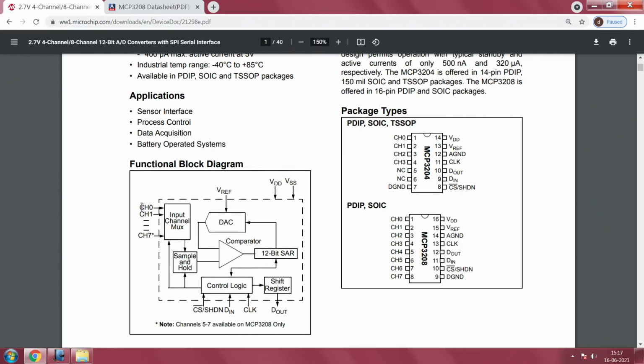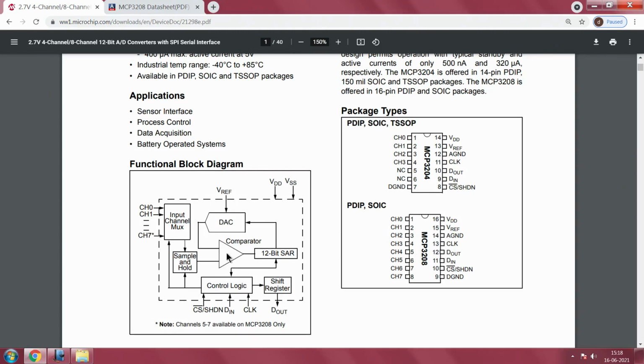So when you have an input signal coming in on channel 0, that is being fed as an input to this comparator through this sample and hold. I mentioned to you that sample and hold is a very important block which will hold the output for that input signal, that is very important. So that signal is fed here. Now comparator is actually a device, a block which gives you 1 or a 0.